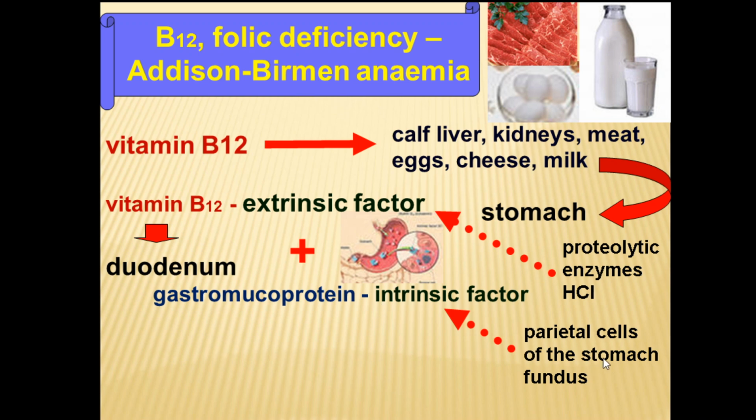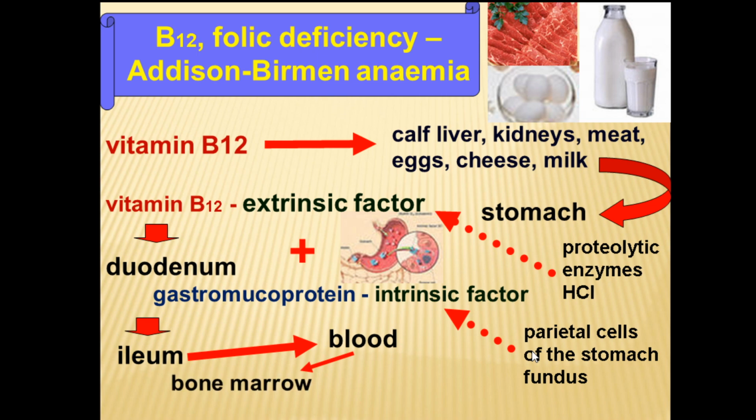If you look at this scheme, you understand that metabolism of vitamin B12 is tightly correlated with activity of the stomach enzymes and hydrochloric acid. After that, vitamin B12 may be absorbed in the ileum and enters the blood, from which it goes to bone marrow for control of the process of red blood cell maturation. Other part is deposited in the liver.